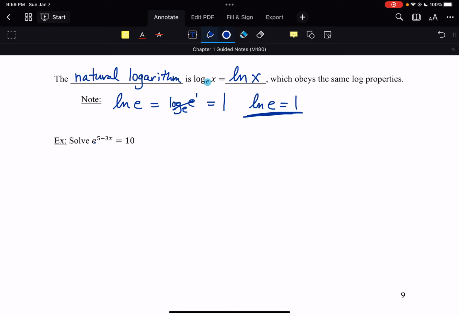I want to get this down out of the power and get rid of that e. So I'm going to take the natural log of both sides. We're going to get ln of e to the 5 minus 3x. And whatever you do to one side, you have to do to the other to keep it balanced. So that's equal to ln of 10.